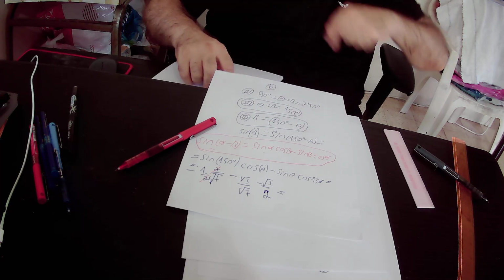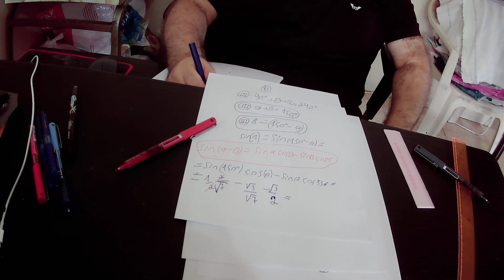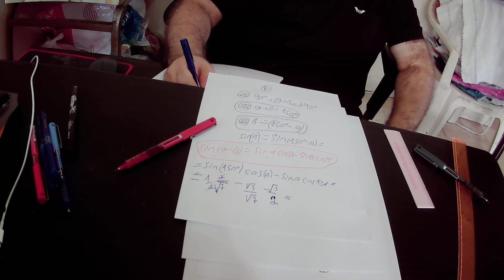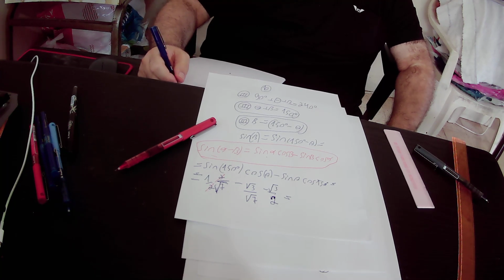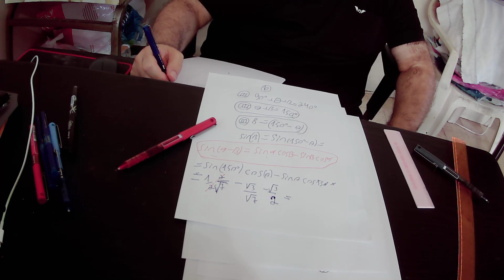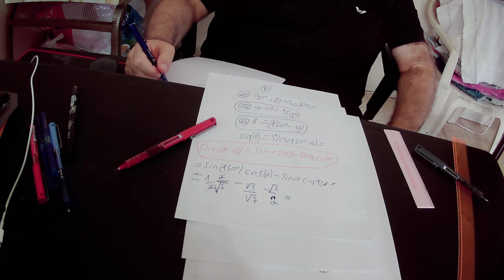We can write down that the value of sinus beta equals 1 over root 7 plus 1 over root 7 times 3 over 2.